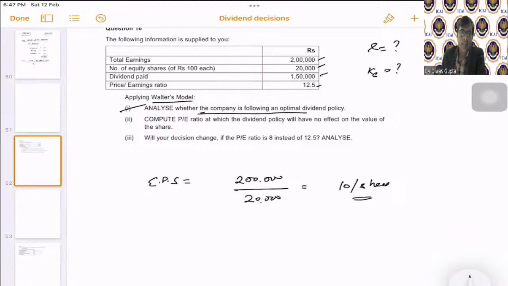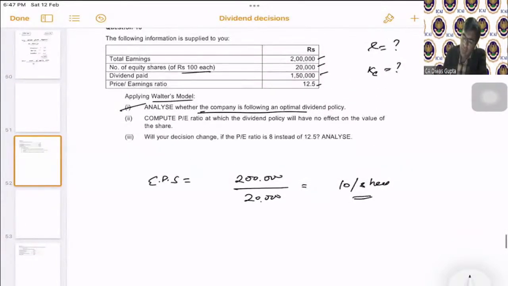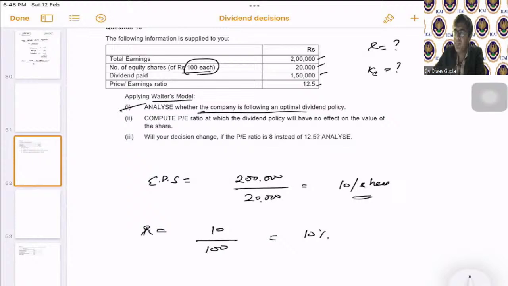And what is the face value of the share, or let's say the book value per share? Because in this, there is no data on reserves and surplus. So hence we can say that R is equal to 10 divided by 100 because the face value is 100. That means R is equal to 10%, which we have just studied some time back, and the same thing we are applying here.